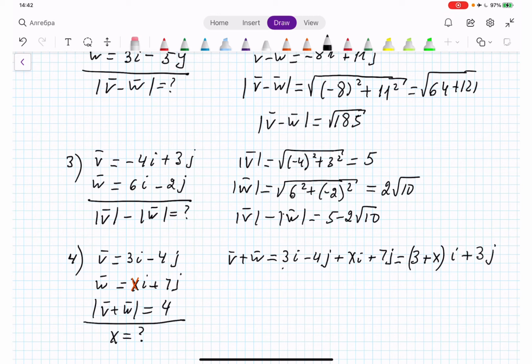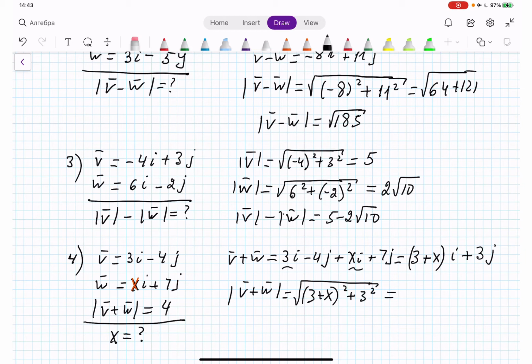So we took common factor i out, right? Now the magnitude of this sum is going to be equal square root of 3 plus x squared plus 3 squared.